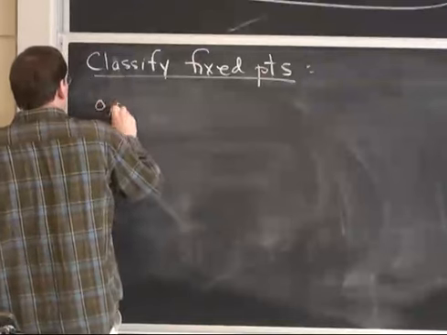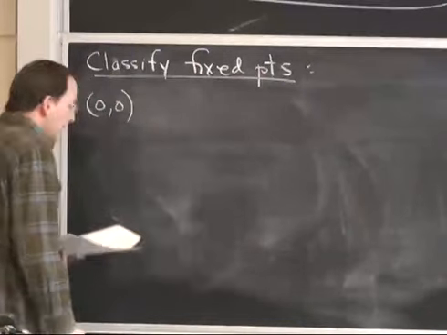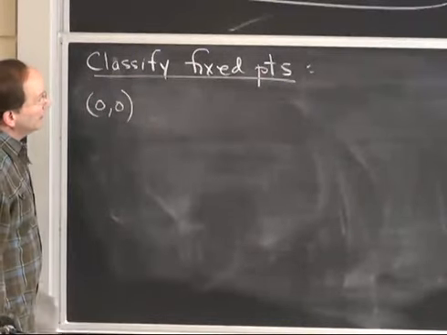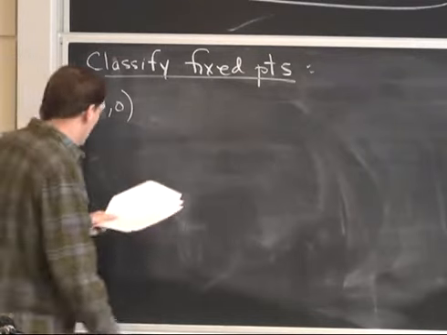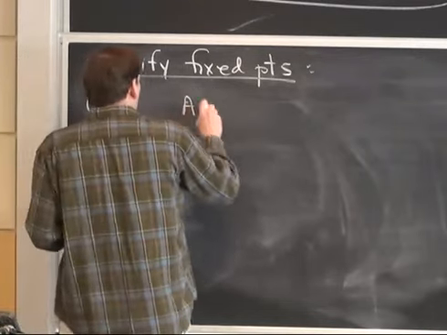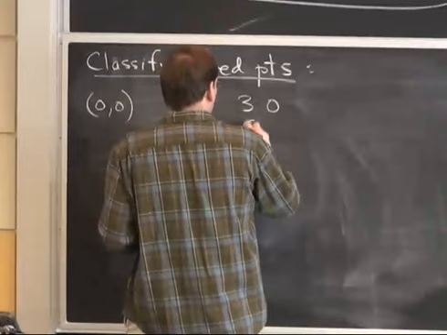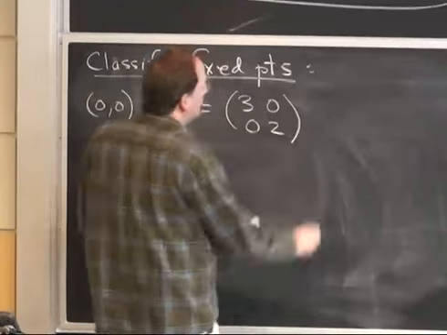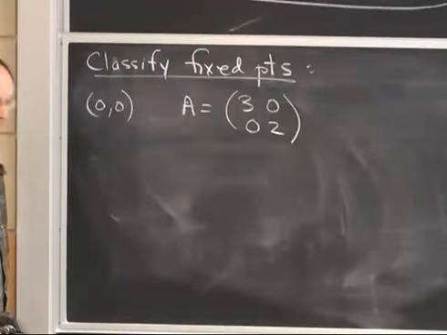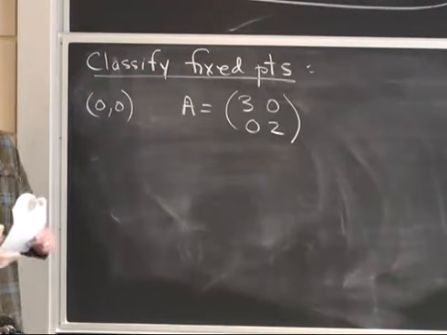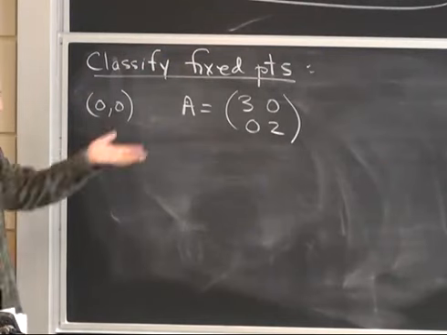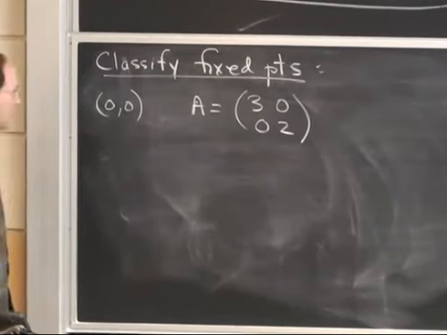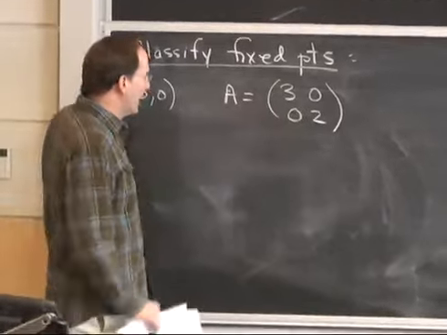All right, so at 0, 0, the Jacobian reduces to just a diagonal matrix. A becomes 3, 0, 0, 2. And that's a pretty easy one to look at. We don't have to do our whole thing with the tau and delta, since when it's diagonal, we could just read off the eigenvalues. They're sitting right there on the diagonal.